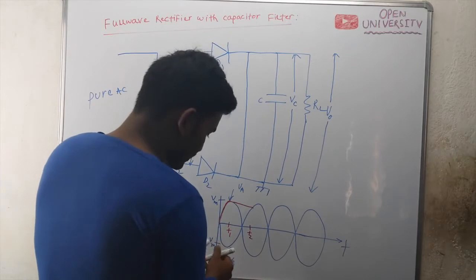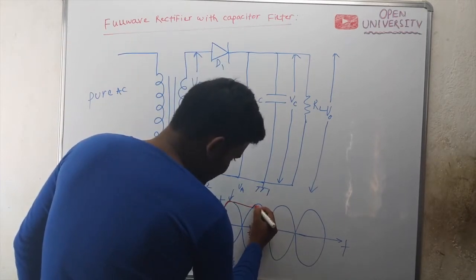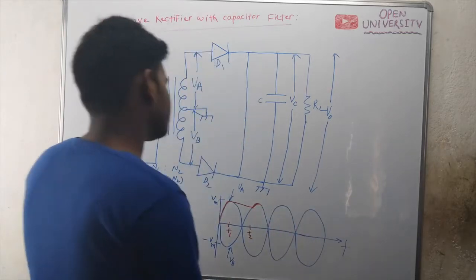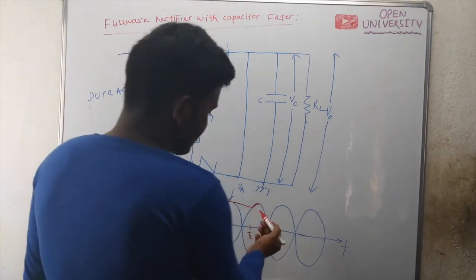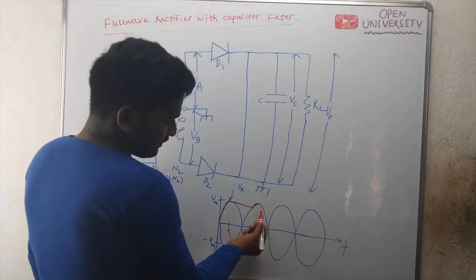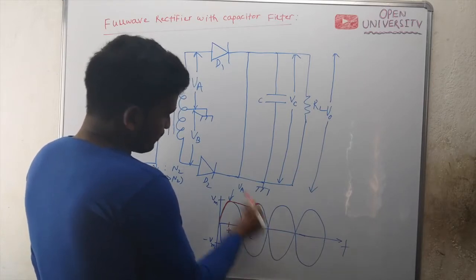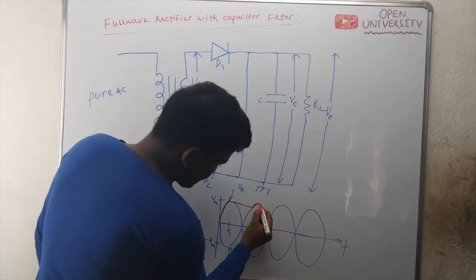The capacitor voltage will again increase up to the maximum value of VB, the maximum value of the input voltage, that is Vm. Then VB will again be less than VC, and the capacitor will again discharge.